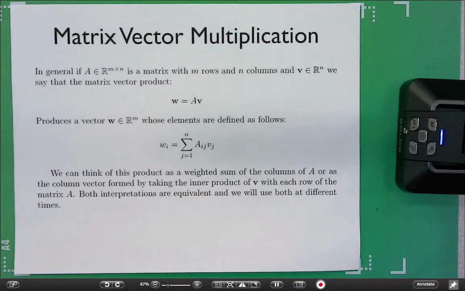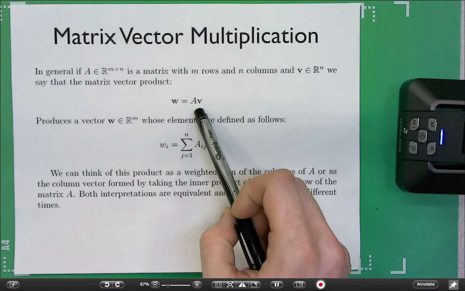You remember by now that a matrix is just a representation of a linear transformation with respect to some bases, typically the standard bases, but could be different bases. And the action of the linear transformation is described by the action on the standard basis vectors. If I put them into a matrix, I can write the action as a matrix vector multiplication.